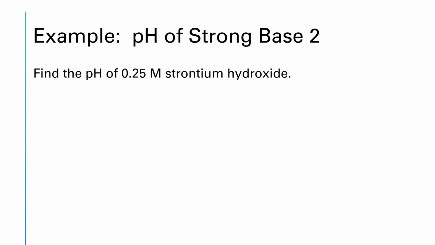In this problem, we have the same molarity, but now the compound is strontium hydroxide. This is a group 2 hydroxide, so we're going to get 2 hydroxides for every 1 formula unit, and so the molarity of the hydroxide ion will be 0.50.